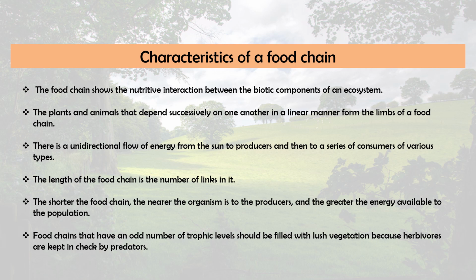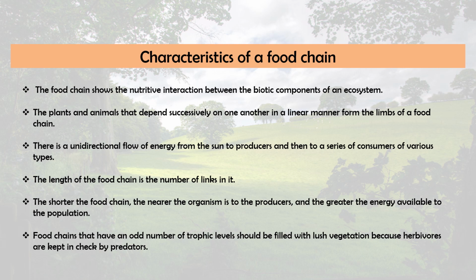And the food chain is a unidirectional flow of energy from the sun to producers and then to a series of consumers of various types like primary consumers, secondary consumers, etc. The length of the food chain is actually the number of links in it.